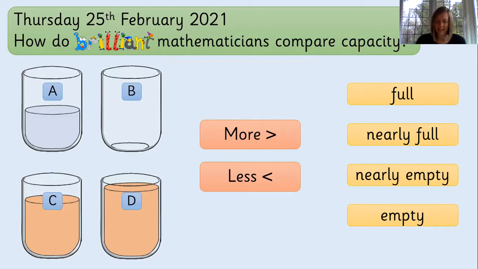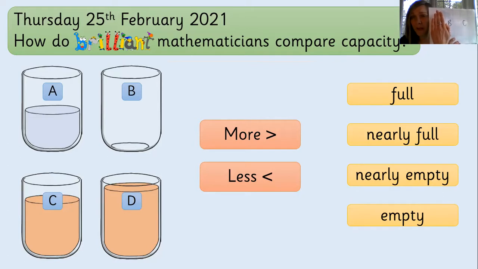Let's be really clever now though. If we already know that A is more than B, I wonder what would happen if we added C on. So we've already solved A and B, so we can almost hide that.